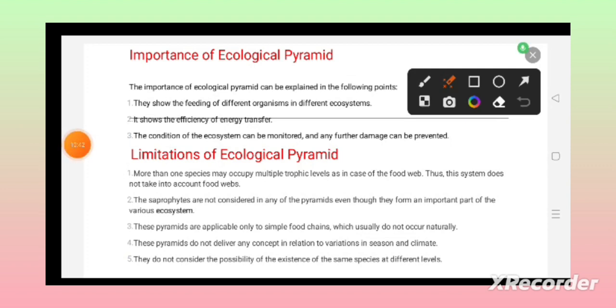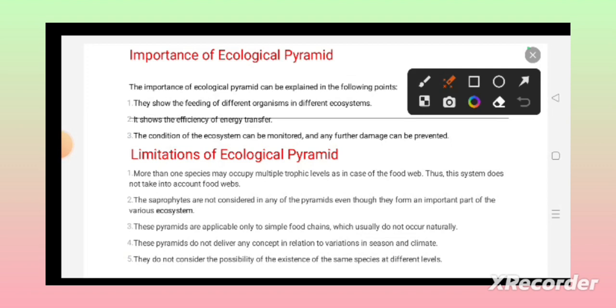The vital organisms like the saprotrophs, which are decomposers, help in decomposing the dead organic matter of different organisms which are dying in different trophic levels. They are not given any perfect position in the ecological pyramidal structure. This is one of the major drawbacks of the ecological pyramid, because if these saprotrophs, the decomposers, are not there in our ecosystem, there is a lot of problem.